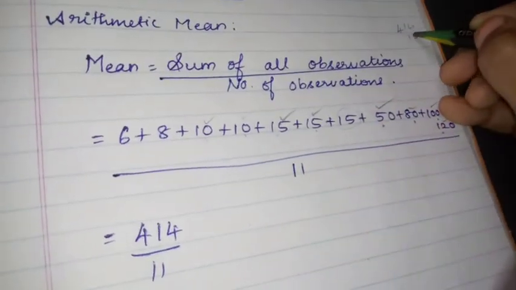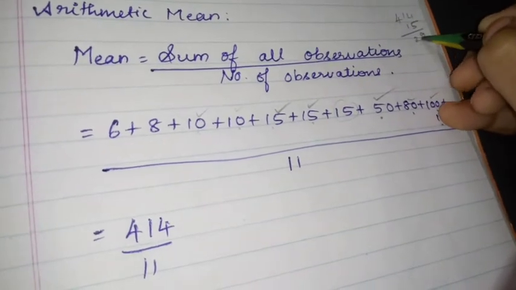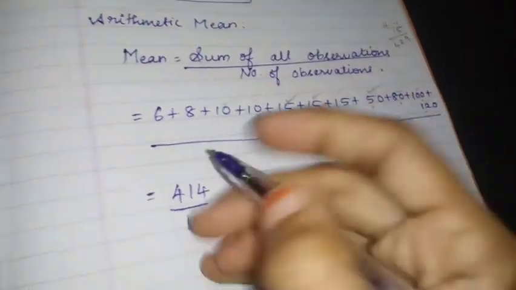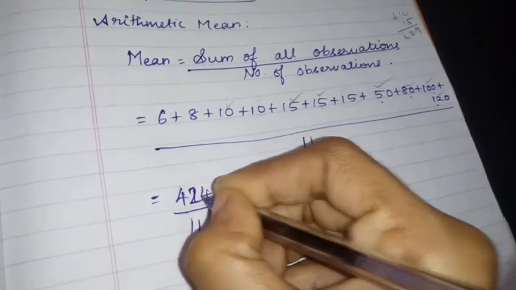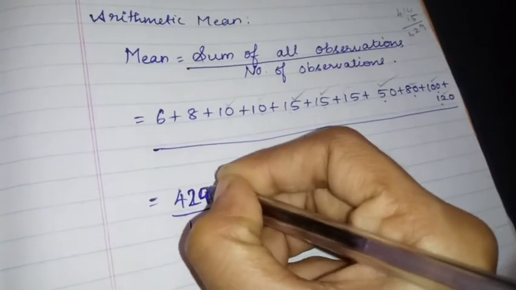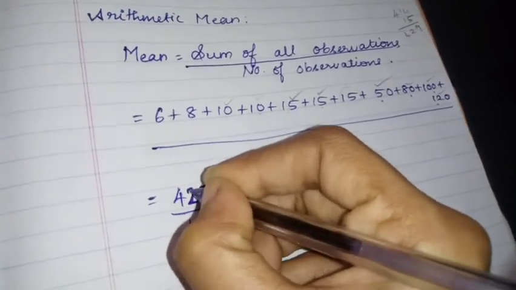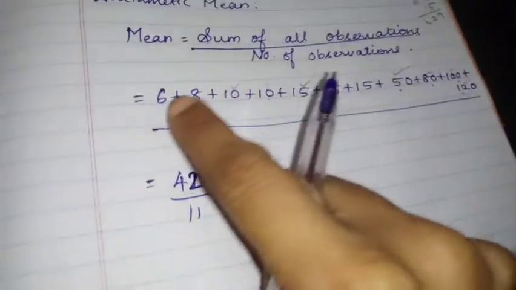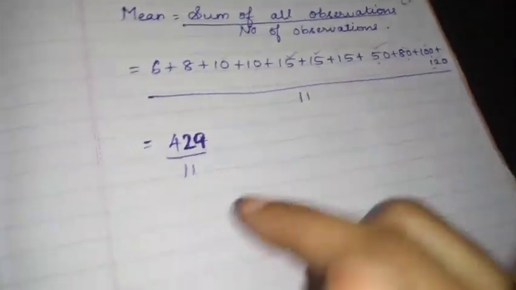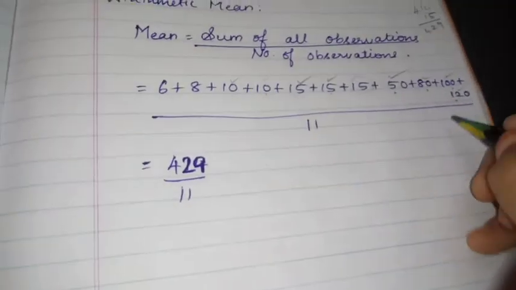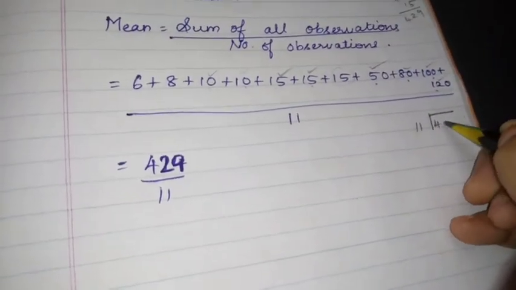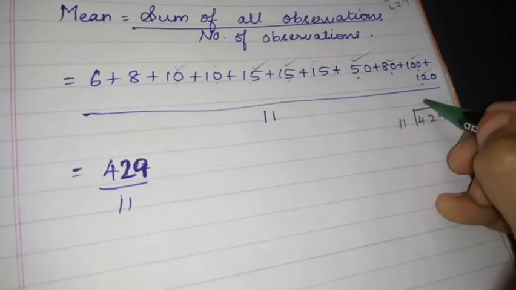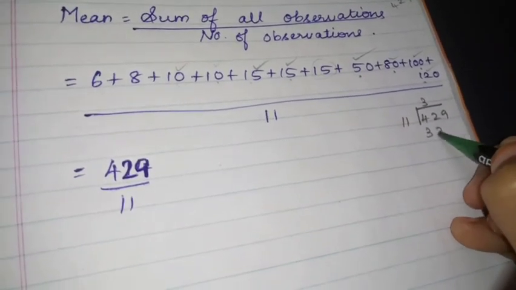The 15 that I left, so it is 429. Okay, so it is not 414, it is 429. So what is our sum of all observations? 429. Have I left any values now? No. Divided by 11. So shall we do the division by 11? 11 threes are 33.